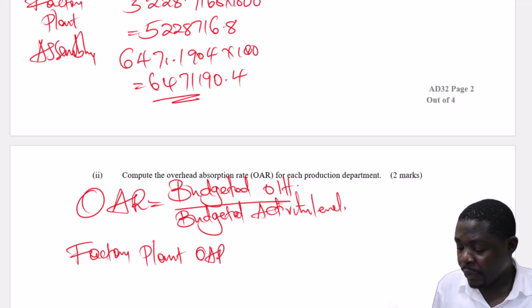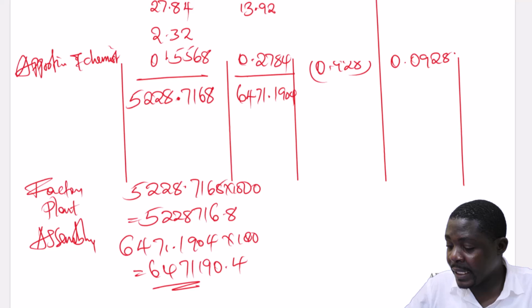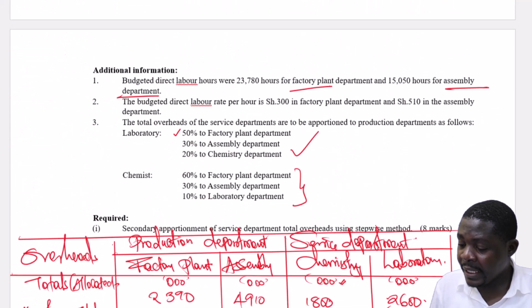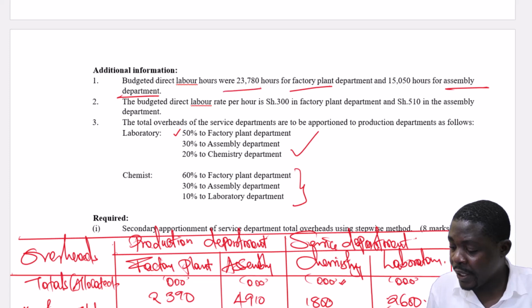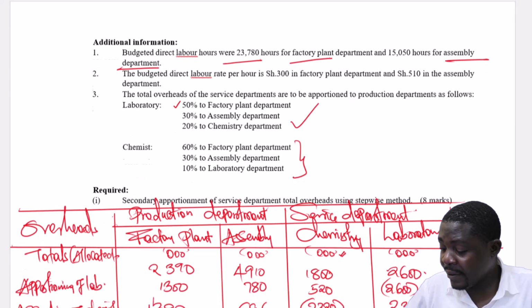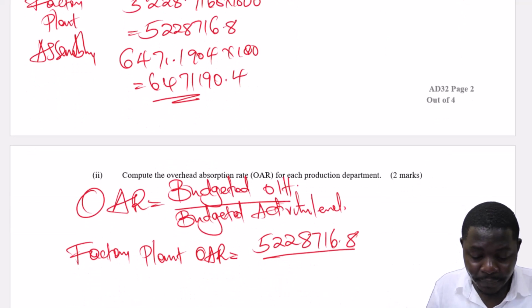Factory plant overhead absorption rate is going to be 522,871.68. We divide by the budgeted activity level. Budgeted activity level for factory plant, it was 23,780.